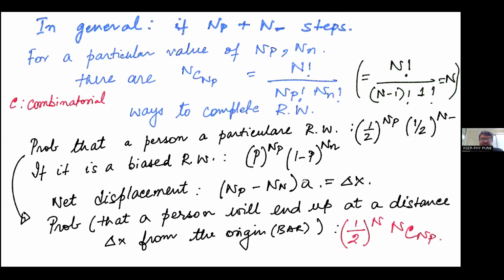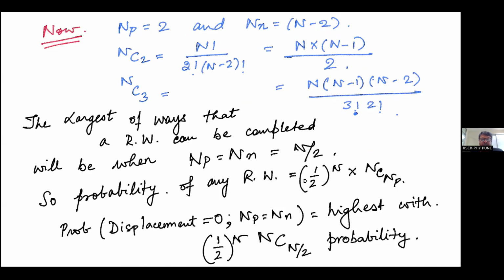And the message is, the highest probability will be a displacement of zero, or np equal to nn, and it will have this value, because as np keeps on increasing from 1, 2, 3, 4, this factor goes on increasing.